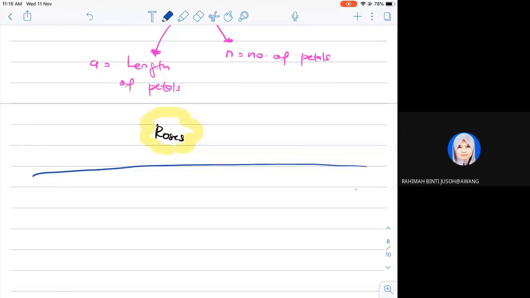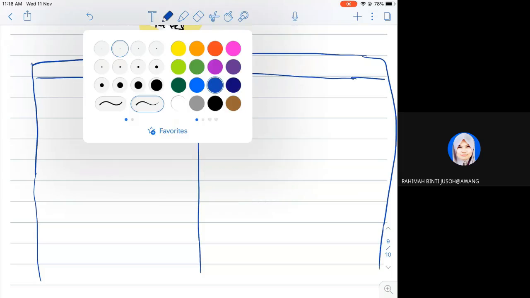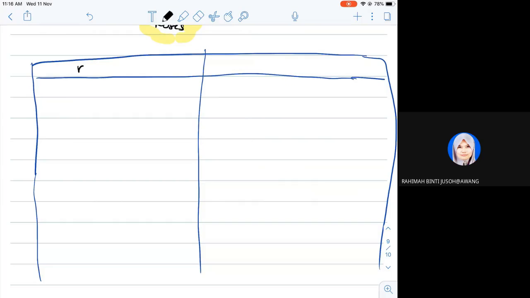So, saya bahagikan kepada 2. Dua pakailah pembaris, saya tak ada pembaris. Okay, the first one is R equals to A sin n theta, and then R equals to A cos n theta.